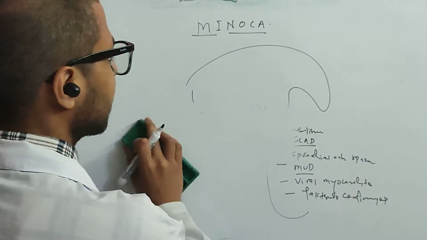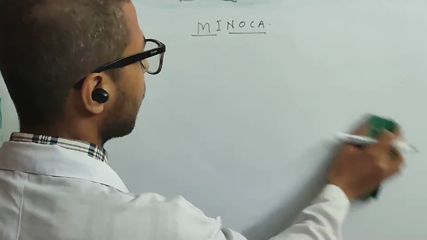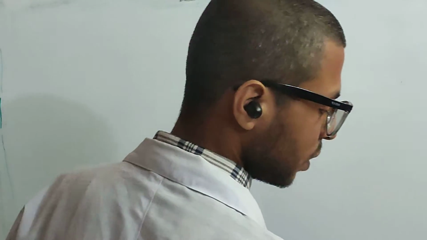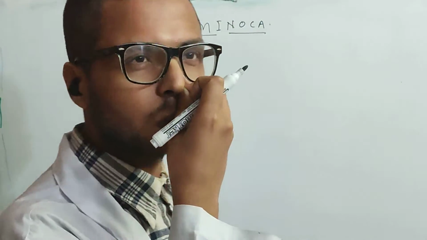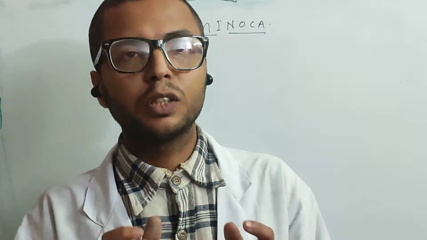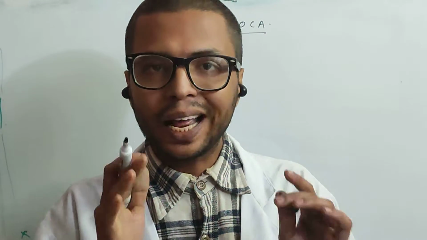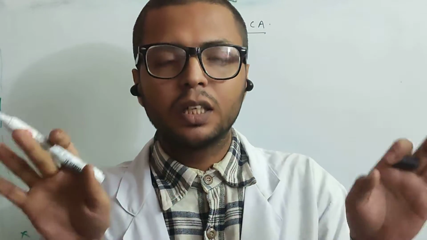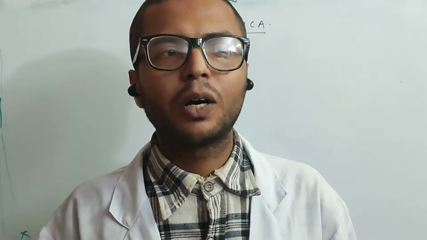So let's start one by one. I like to lump this etiology under two classes. This is not based on any guideline, but I would like to lump this into two classes because it will be better for understanding.